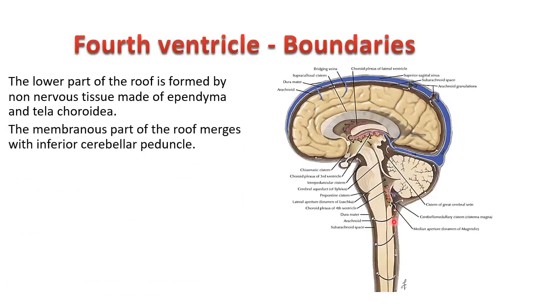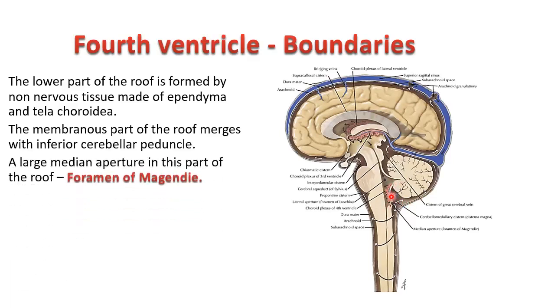So the membranous part of the roof, as I told you, formed with an ependyma and the tela choroidea, merges with the inferior cerebellar peduncle as you come laterally. So as you come laterally, what happens? It merges with the inferior cerebellar peduncle, and in this lower part of the roof, in the midline, you see an opening, and that is actually the median aperture or foramen of Magendie.